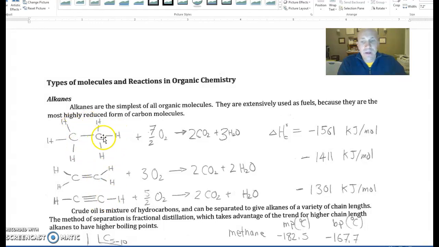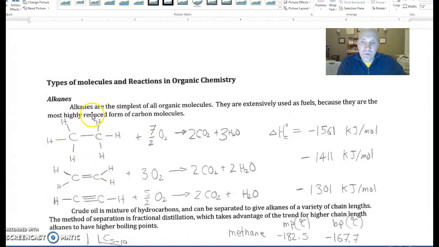So molecule for molecule, an alkane will give off more energy when it's combusted than an alkene or an alkyne.